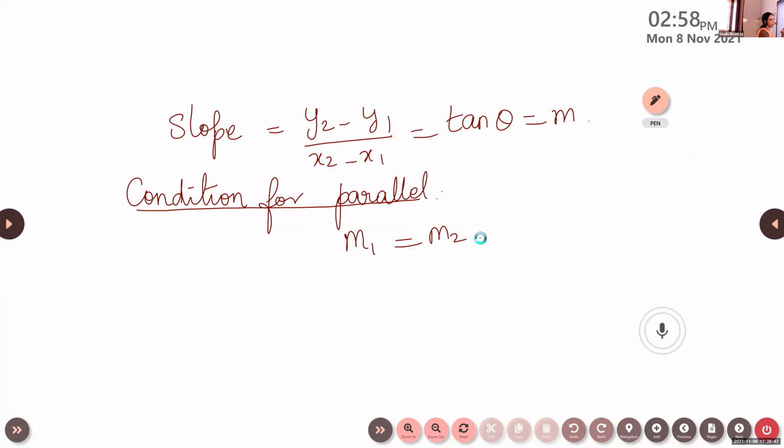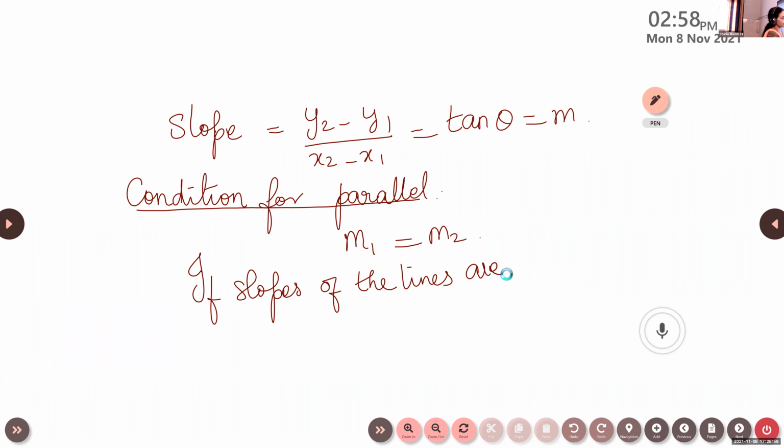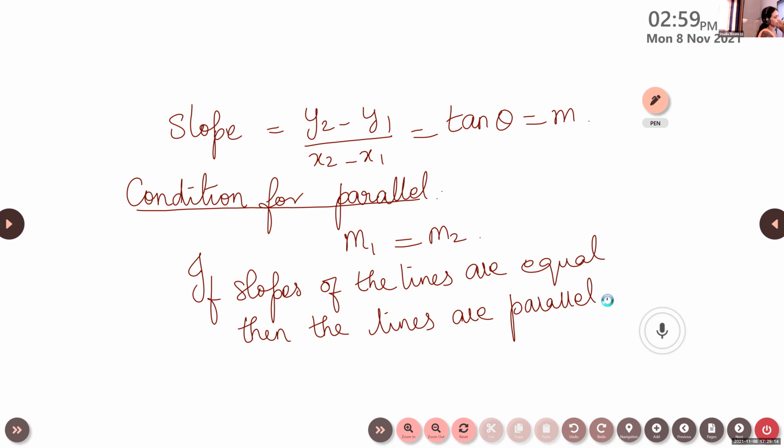If M1 is equal to M2, if the slopes of the lines are equal, then the lines are parallel.